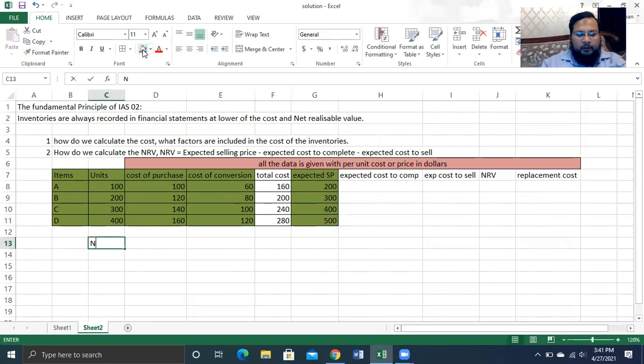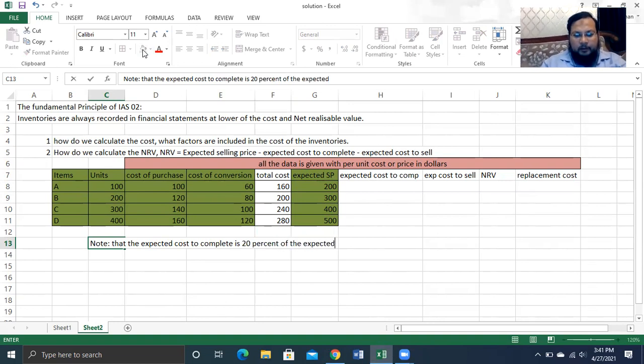The note can be given in the question that the expected cost to complete is 20% of the expected selling price, and the expected cost to sell is also 20%.